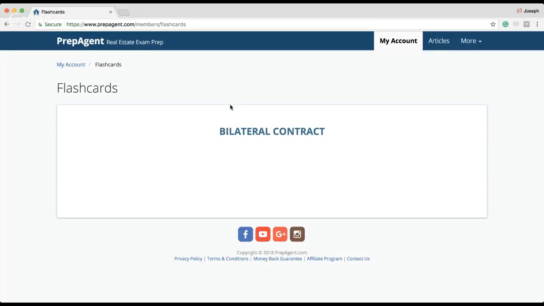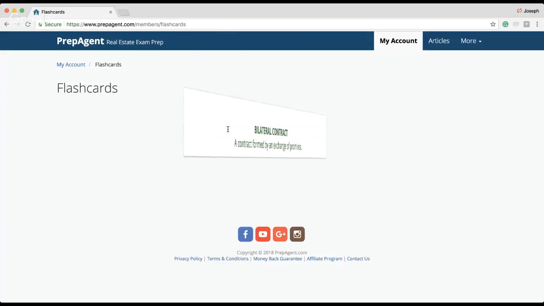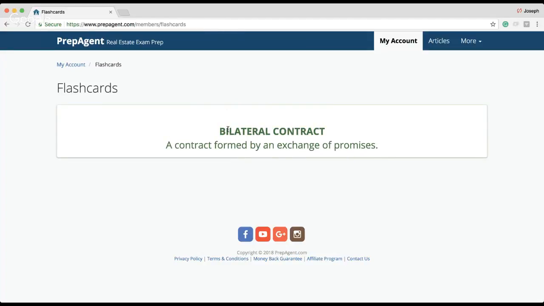It's two promises. Because a unilateral contract also has two parties, it's just that only one is making a promise. If there's not two people, you don't need a contract at all. Okay, move right along.